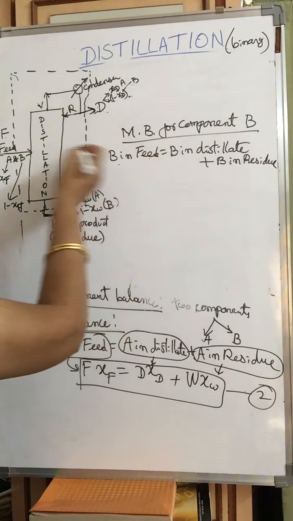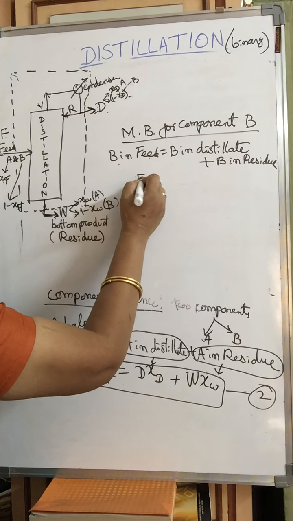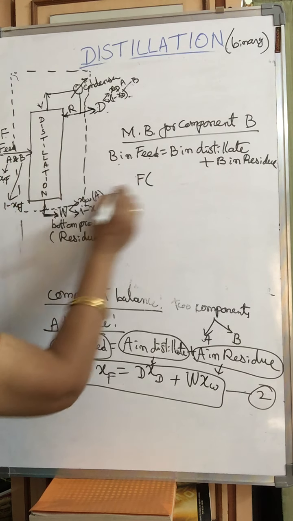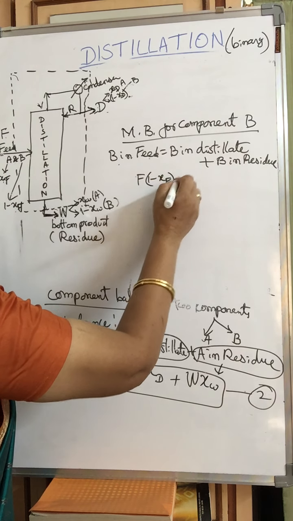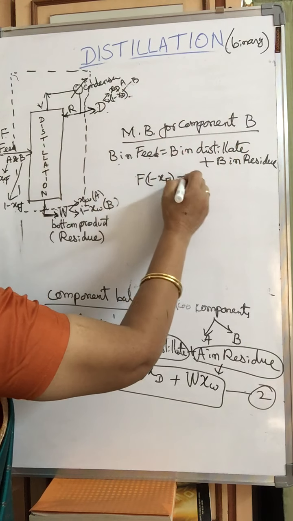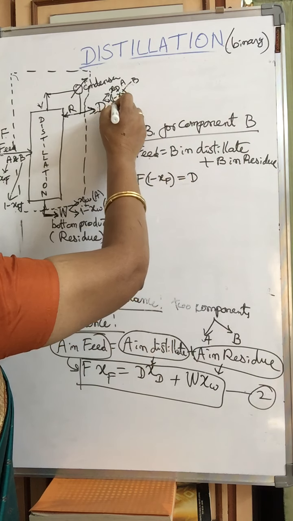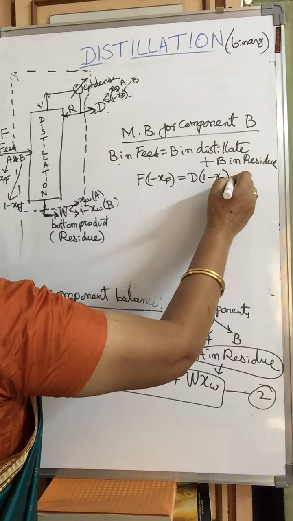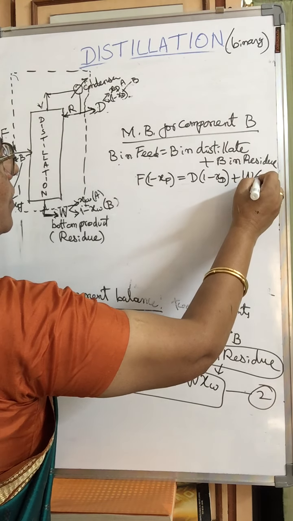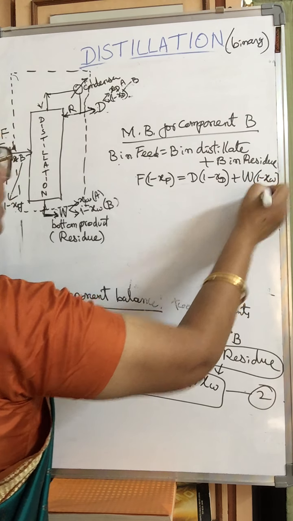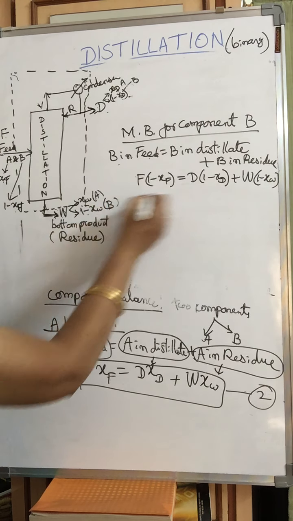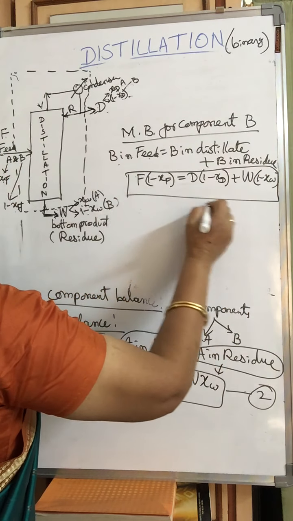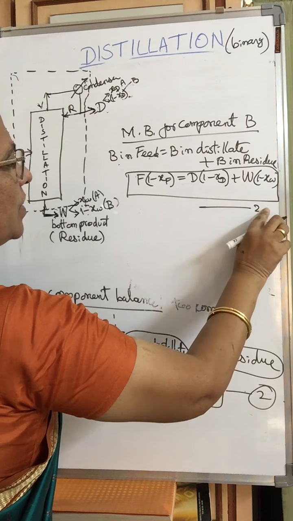So B in feed. Total feed is F. B in feed is 1 minus XF. So F into 1 minus XF is equal to B in distillate. Total distillate is D and 1 minus XD is B. So D into 1 minus XD and also W into 1 minus XW. 1 minus XW is B. Total is W. This is material balance for B, let it be equation 3.